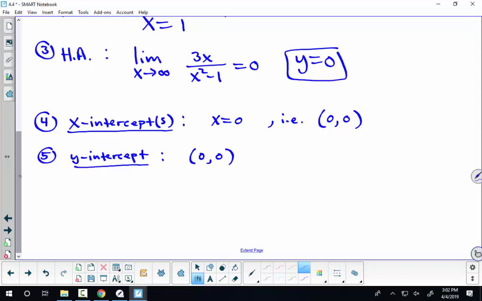Honestly, with rational functions, you've looked at techniques in algebra and pre-calc to graph those fairly accurately. The techniques that we're adding with increase, decrease, concavity, that's really not going to add too much detail to the graph. We're getting a lot more information mathematically about what's happening on the graph, but visually, it doesn't really help that much more.